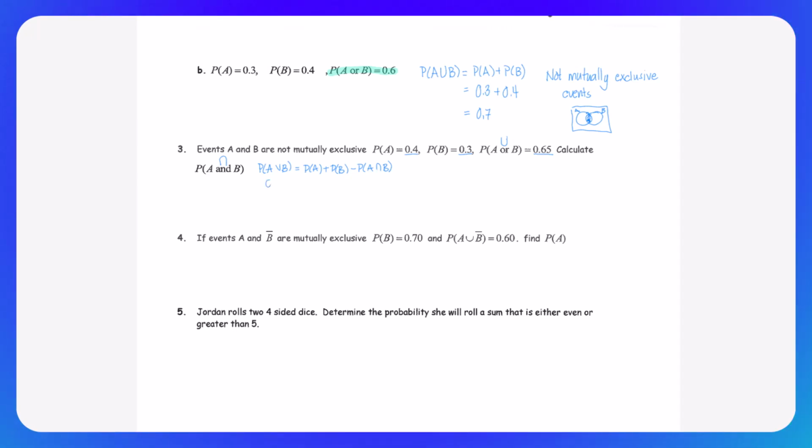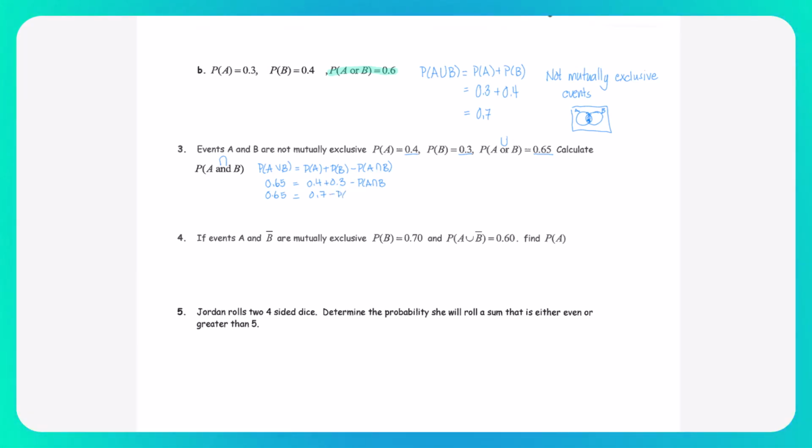We know that this is 0.65, probability of A is 0.4, probability of B is 0.3, and we're going to subtract the probability of A intersect B. Let's simplify. So we get 0.65 equals 0.7 minus the probability of A intersect B.